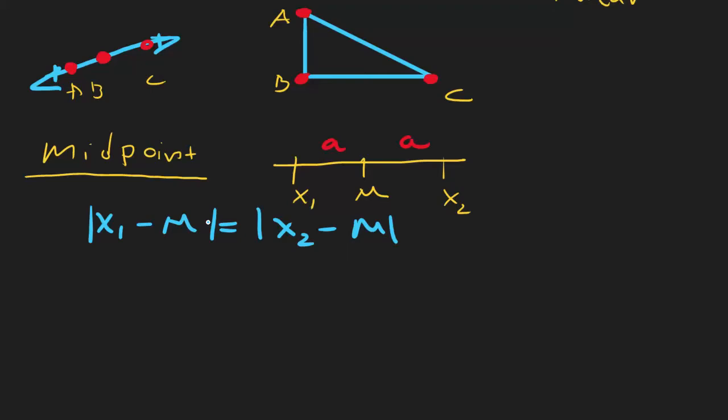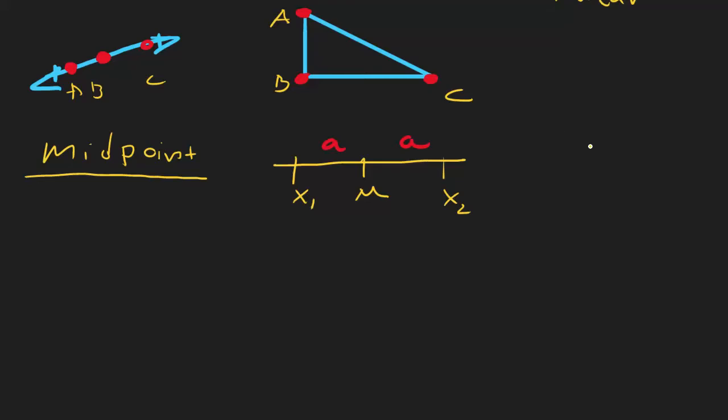Rather than having to solve an equation like this, where you would have to go through the process of finding x1 minus m equal to negative x2 minus m, it's a lot easier to say that because this is exactly the middle of the points x1 and x2, it's kind of like an average.